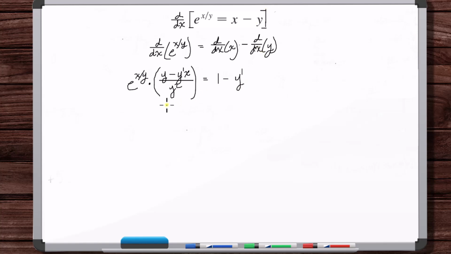Okay, let's just solve for y prime. So what we have is e, okay, let's cross multiply.